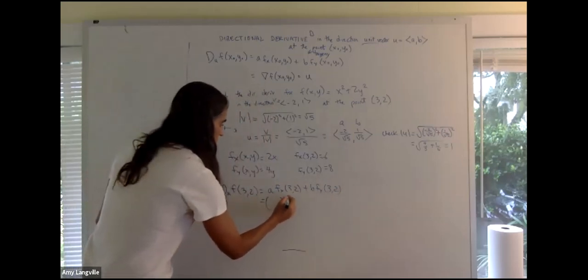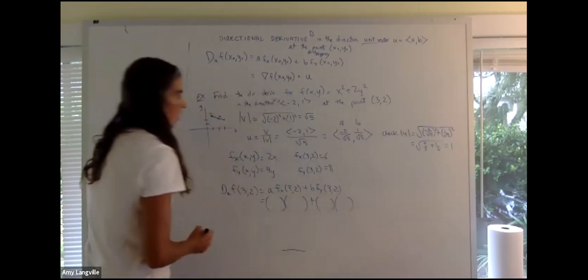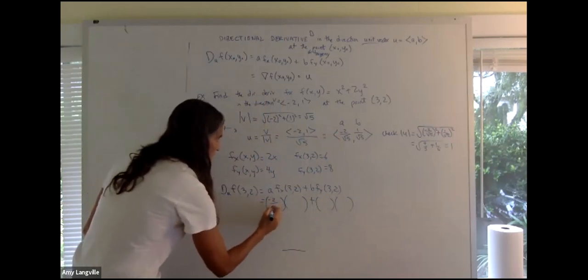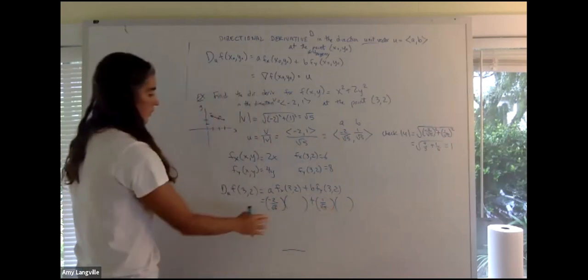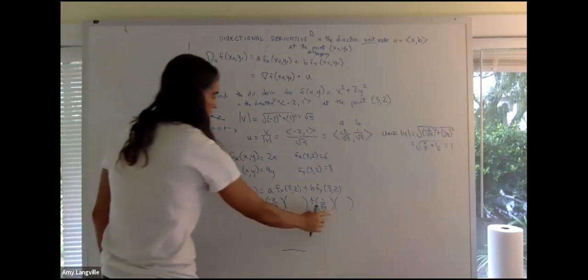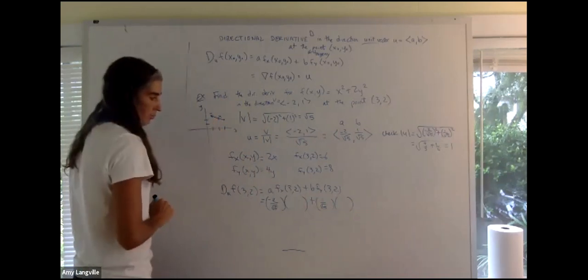So fill in our a, fill in our partial, fill in our b, fill in our partial. A was how much I move in the x direction. B is how much I move in the y direction. This is about 1, so I'm going about 1 in the x. And then I'm going about 1/2 in the y to get to that u point.